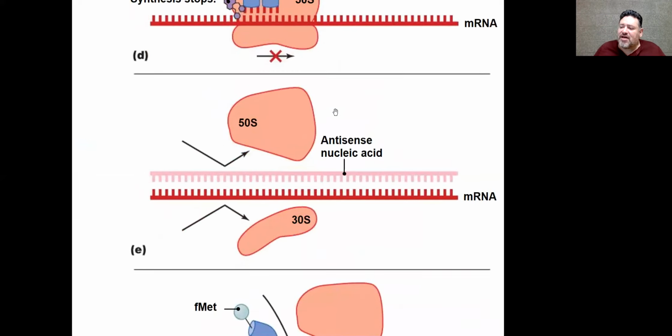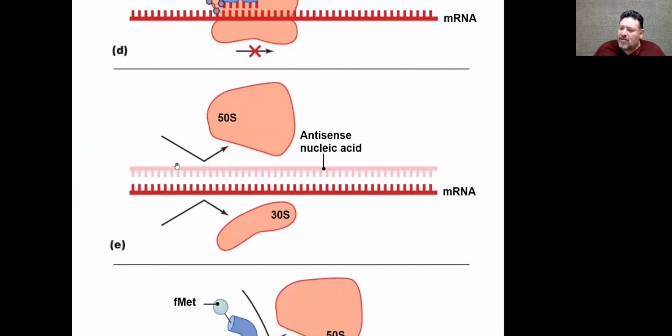Here's one that a lot of people are excited about. I am not too crazy about. This is short interference RNA. And short interference RNA is a small piece of RNA that interferes with translation by associating complementary with a messenger RNA. And the reason I'm not crazy about it is because in order for this guy to work, it has to be in the cytosol of the cell.